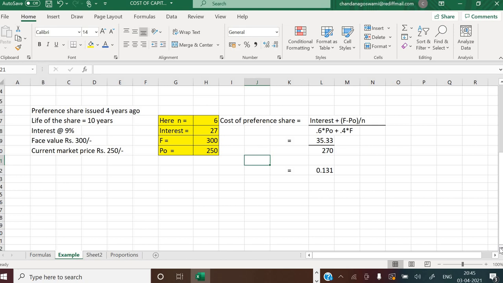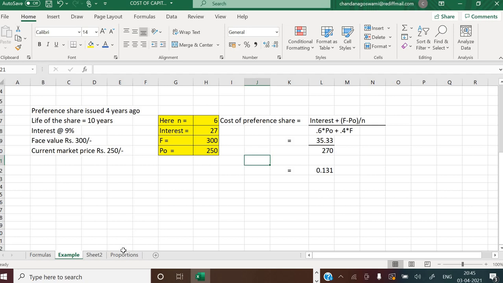Interest is 27. How did we get that? It is 9% of 300. Face value is 300, current market price is 250. So this is the data. And if you plug it in the formula, your answer works out to 13.1%.